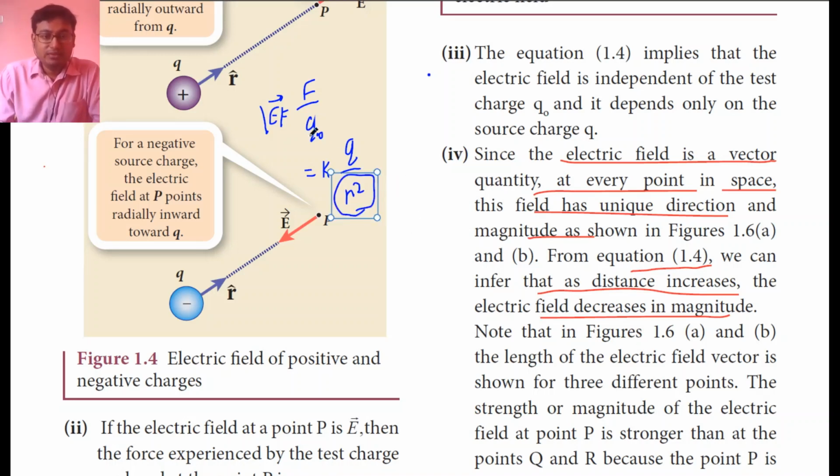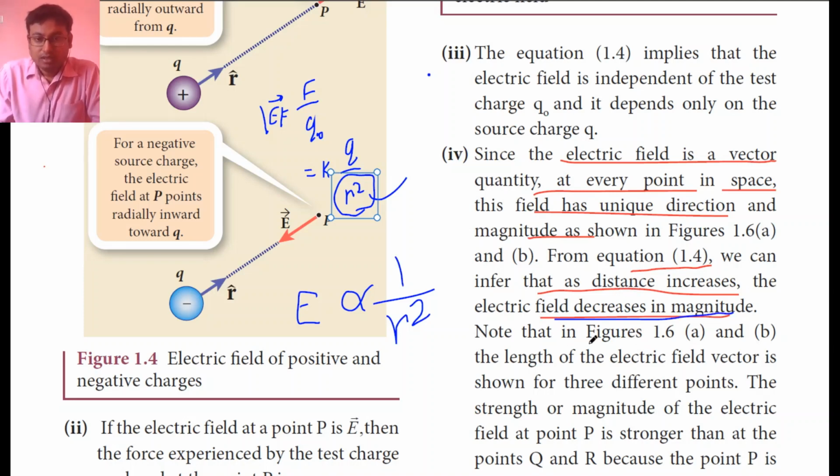Here you see that the magnitude of electric field E is proportional to 1 by R square. That means as the distance increases, the strength of electric field will decrease. That is given here. The field decreases in magnitude as distance increases.